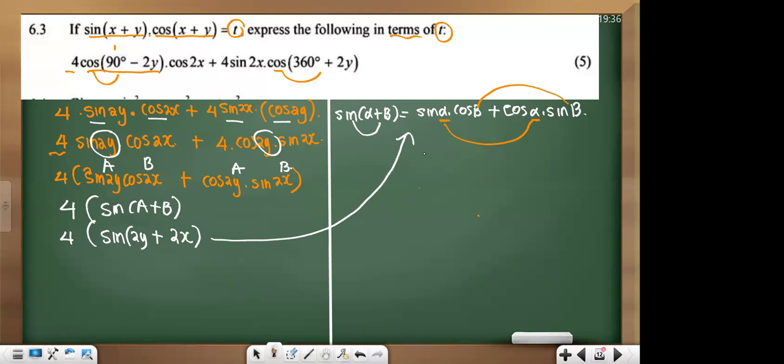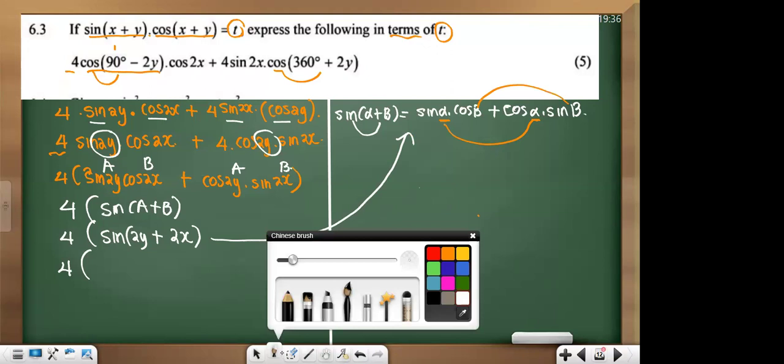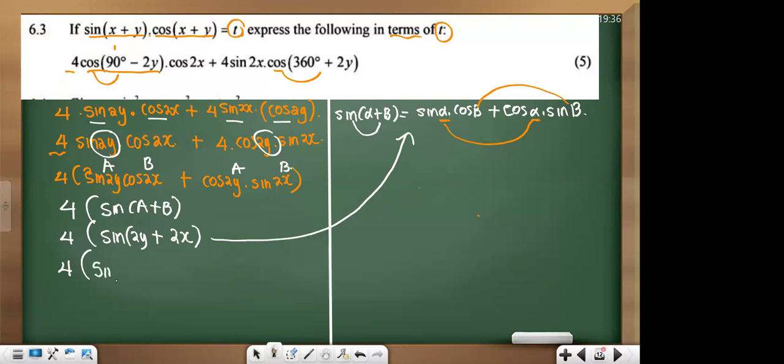That's 4 into, check something on the given. I have a 2, so can I take 2 as a common factor? I'm gonna have sine 2 into x plus y.